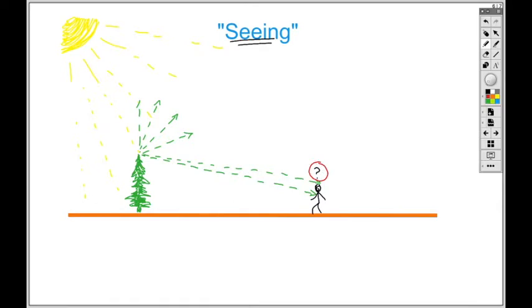The question again though is how does that allow us to see? Well, all we can do is receive light into our eyes, and then our eyes and our brain do it from there. To imagine what we see then is essentially just tracing back these rays that we're able to make it into our eyes.